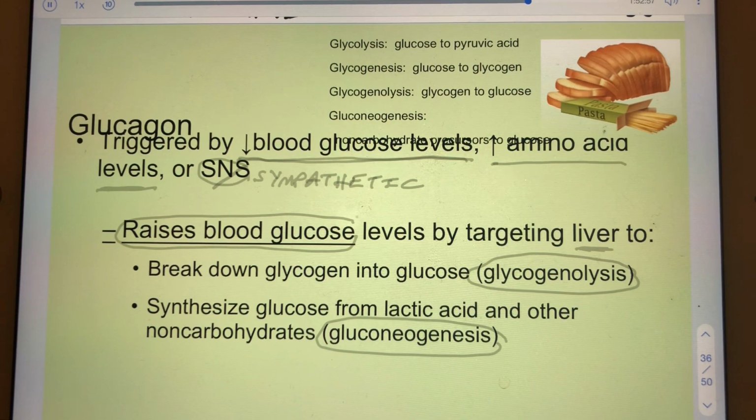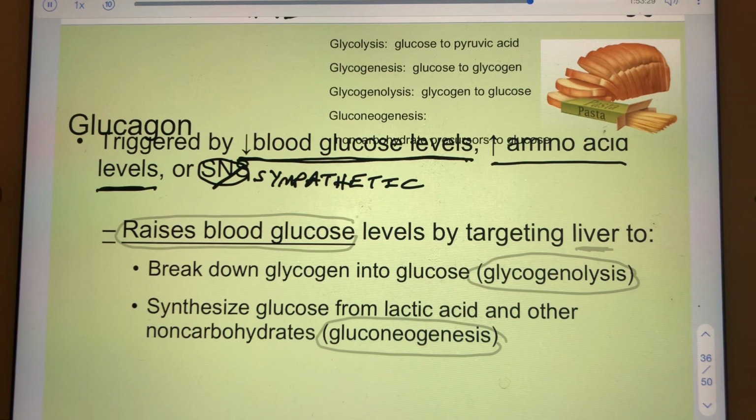Well, glucagon is stimulated by lower than homeostatic norm, low blood glucose levels. The secretion can also be stimulated by higher than normal amino acid levels. God, I hate this notation. Or even just the sympathetic nervous system can say, hey, dude, glucagon, please. Okay?